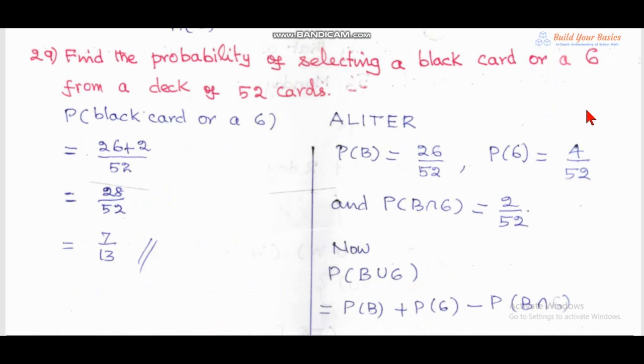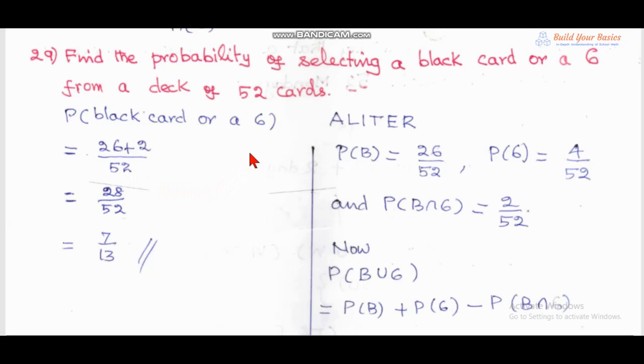Question number 29. Find the probability of selecting a black card or a 6 from a deck of 52 cards. Probability of selecting a black card or a 6 is equal to, with total number of cases 52 in the denominator, total number of black cards 26, clover cards and spade cards.